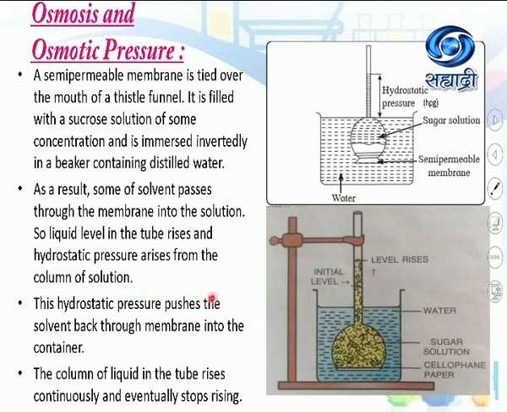Here the hydrostatic pressure pushes the solvent back through the membrane into the container. The developed hydrostatic pressure pushes the solvent molecules, of course from the solution, back into the solvent through the semi-permeable membrane. The column of the liquid in the tube rises continuously and eventually stops rising.